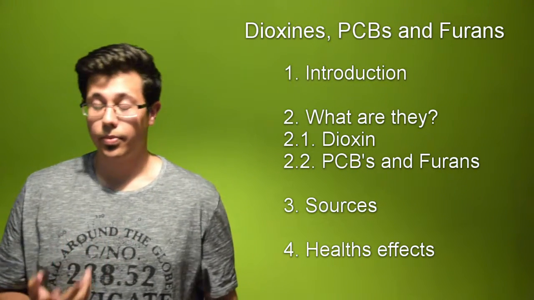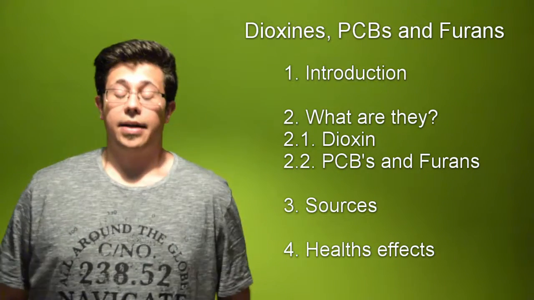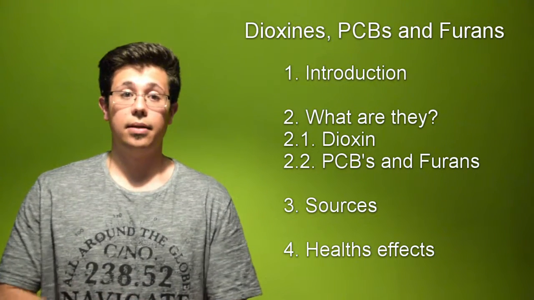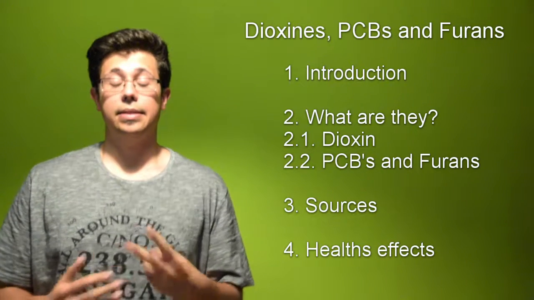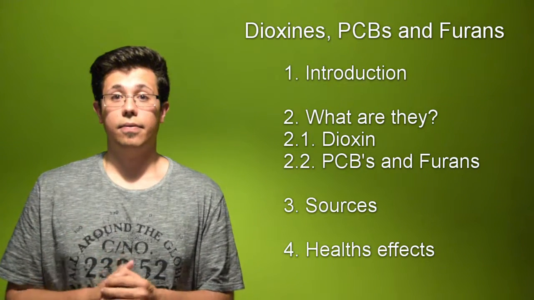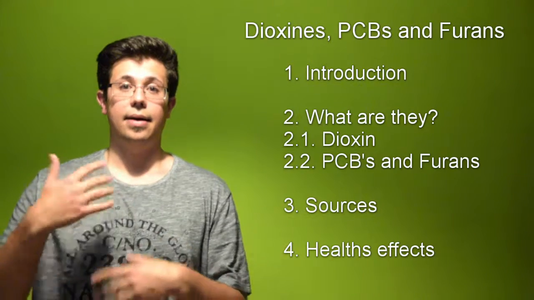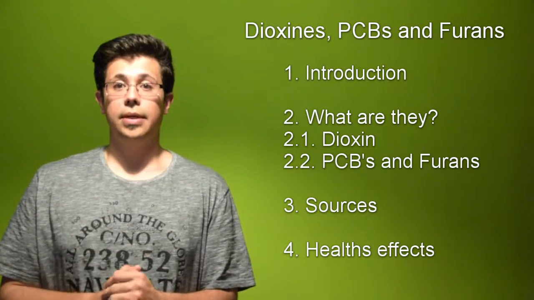And now moving to the health effects, there are two ways of analyzing these chemicals. One is experimenting on animals, and the second one is analyzing the blood of humans that are accidentally exposed to these chemicals.